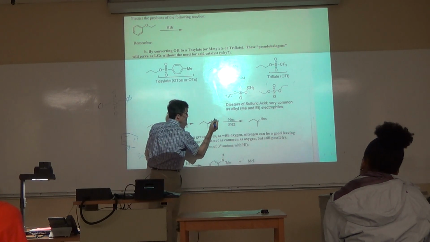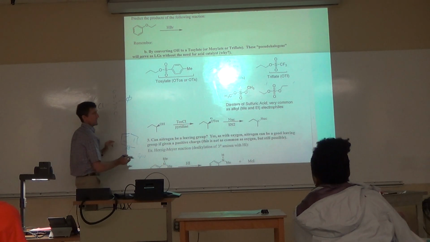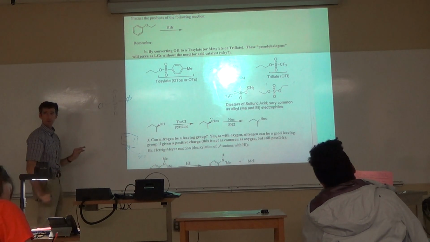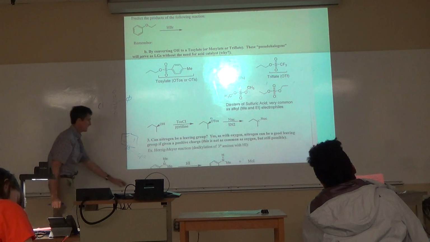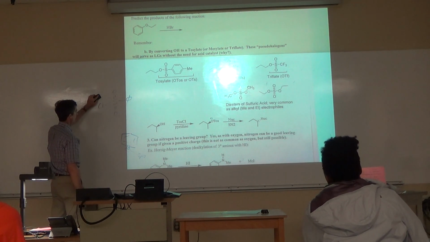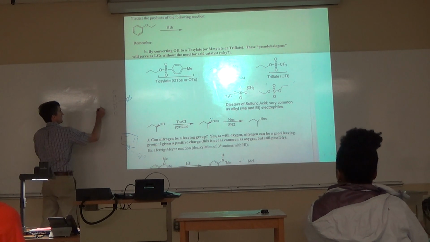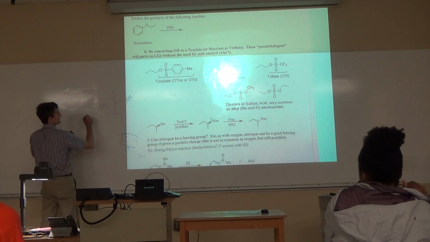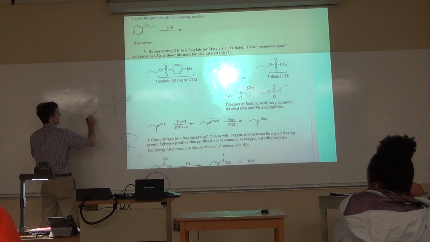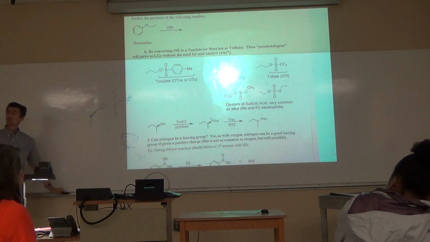Here's your product. Tosyl chloride is here. In the product, the oxygen has just replaced the chlorine. We replace the chlorine with the oxygen, and the oxygen has the alkyl group. It's also got some stereochemistry. We can draw it the other way, but you see how the oxygen has replaced the chlorine?